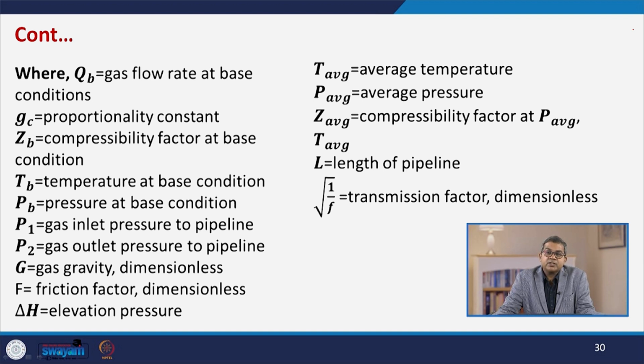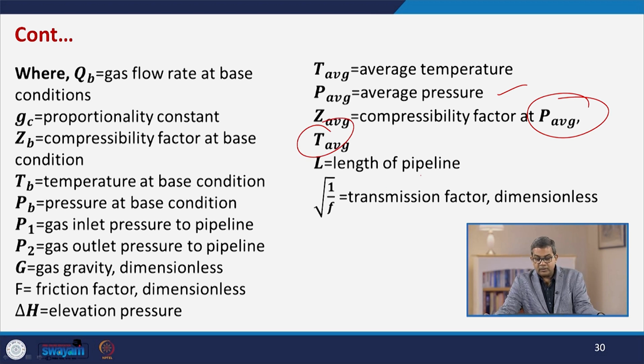T average is the average temperature, P average is the average pressure, Z average is the average compressibility factor at P average and T average, and L is the length of pipeline, whereas 1 upon square root of F is the transmission factor which is dimensionless.